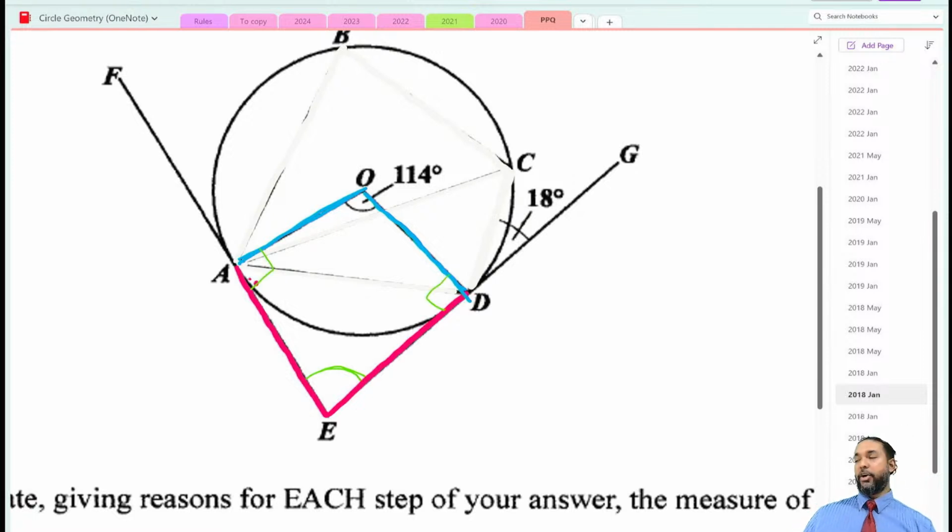But do we agree that the two pink and the two blue lines create a quadrilateral? And the sum of the interior angles of a quadrilateral is 360. So if two of those angles are already 90 and 90, which is 180, we have 180 degrees out of 360 accounted for, which means we have 180 remaining. And these two angles, therefore, would be 180 when we add them up.